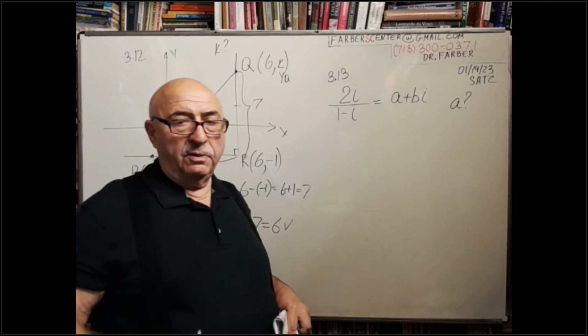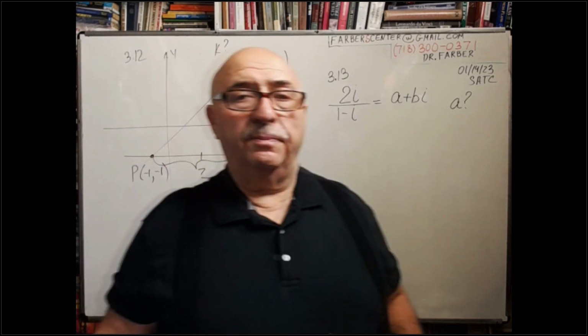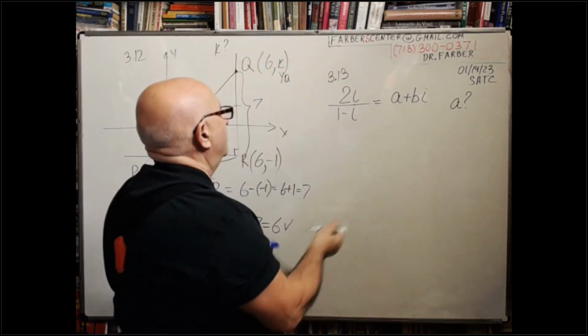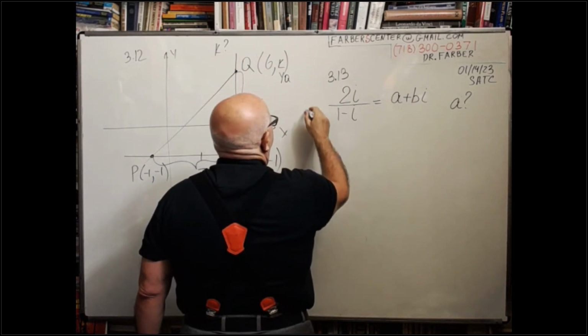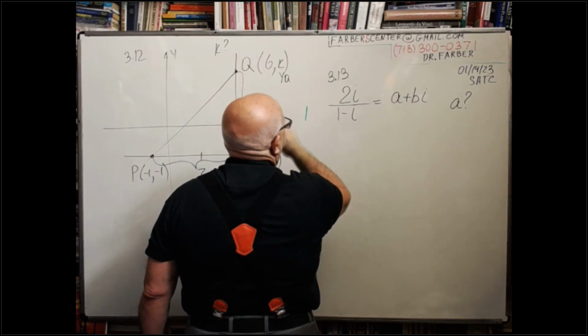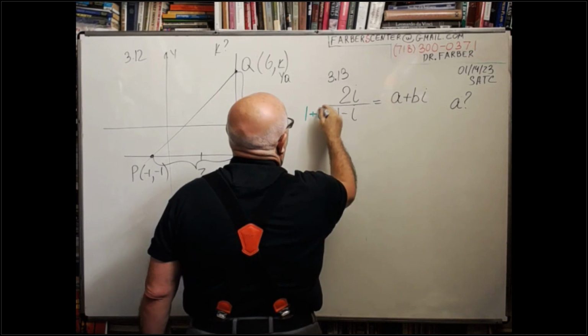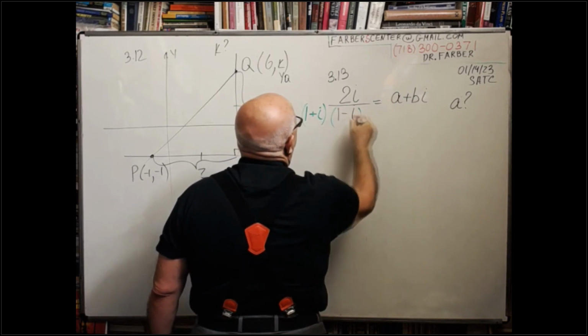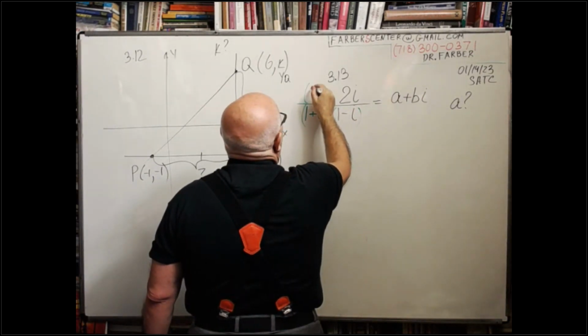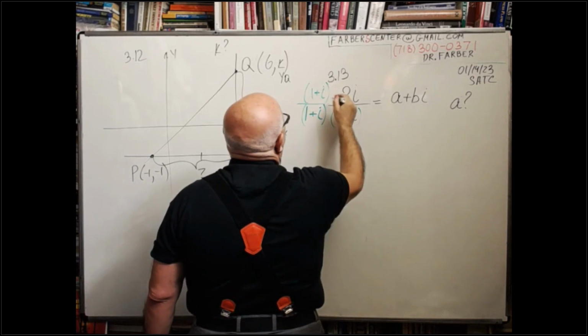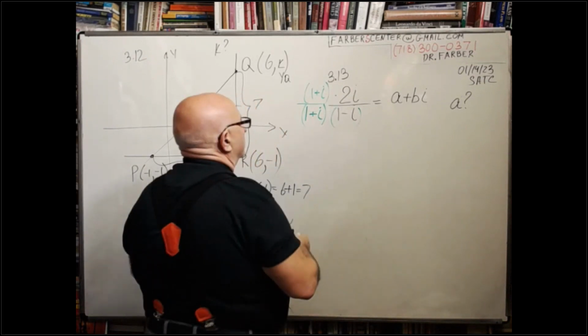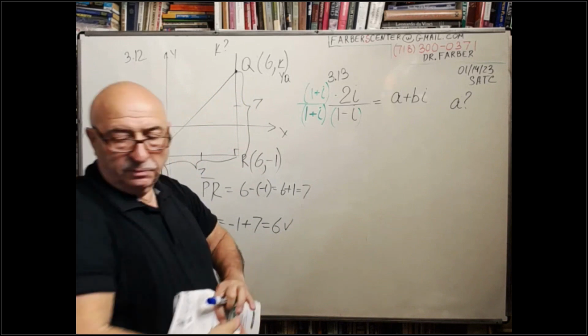Without thinking, multiply by the conjugate. So what I'm going to do, I multiply this by 1 plus i in the denominator and 1 plus i in the numerator. No thinking.